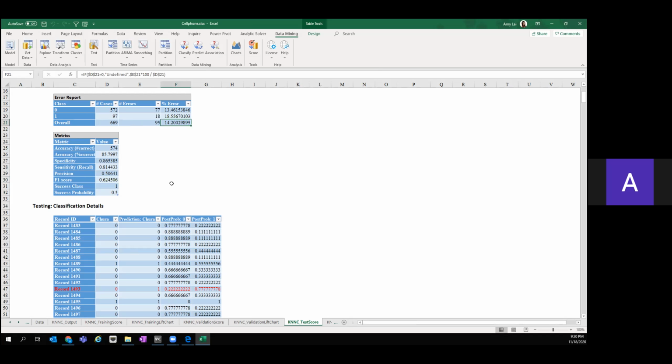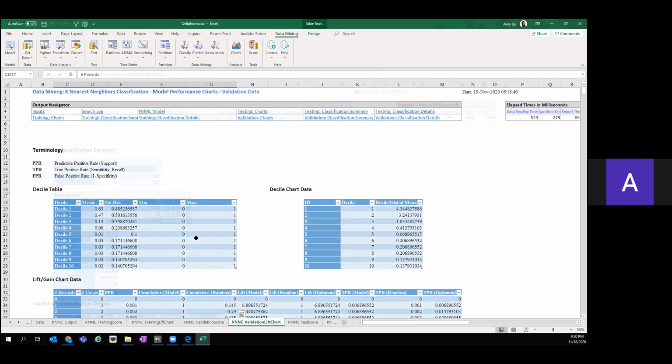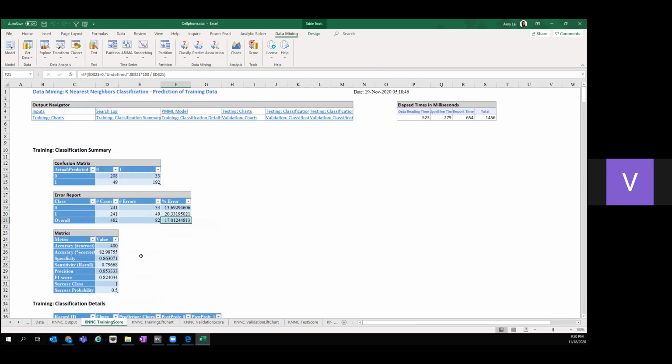So this one is 14% error. If you look at the training, it's 17. Validation is 15. So it's actually getting better. Yeah. So is there overfitting? No, that doesn't seem to be overfitting, because there's not too great of a difference.